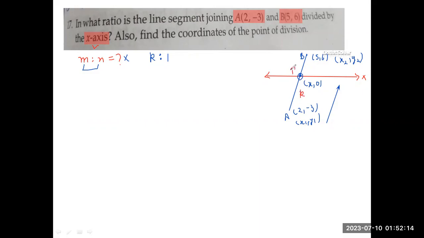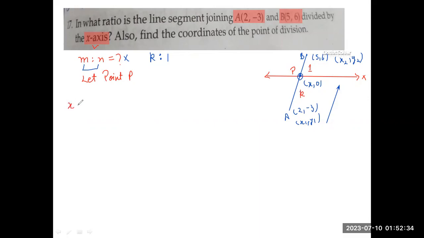Let's consider this point as P. Let at point P, the x-axis be dividing line AB in the ratio K to 1. Okay, so K ratio 1. Now let's go with the section formula.